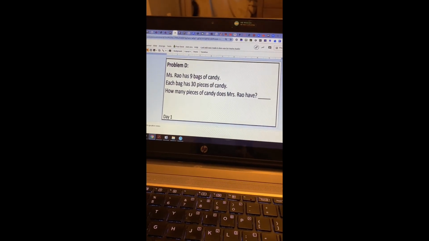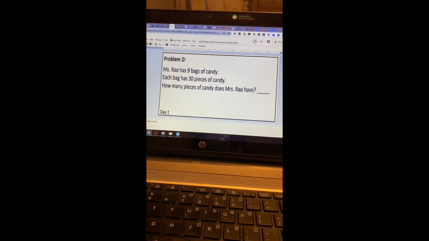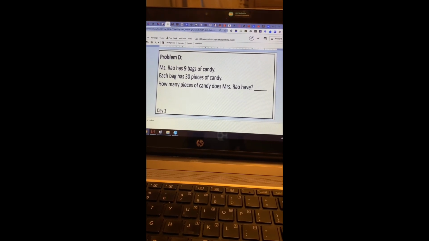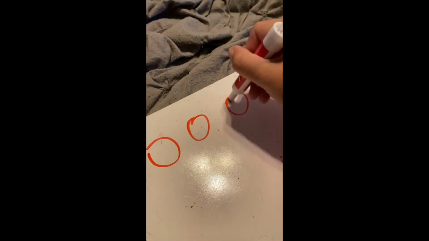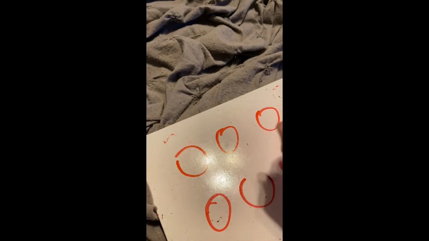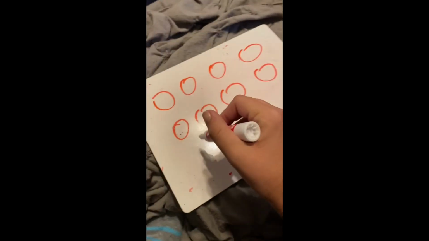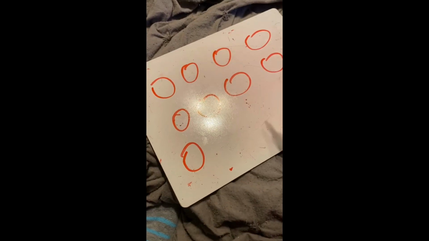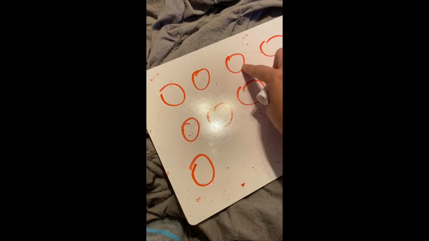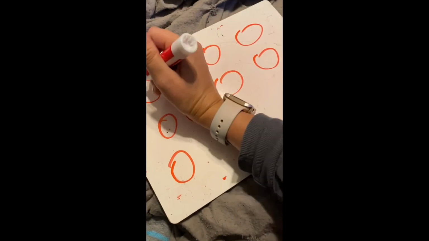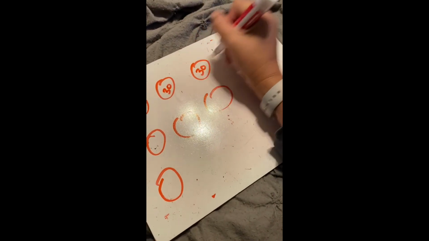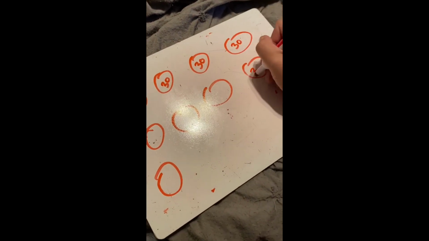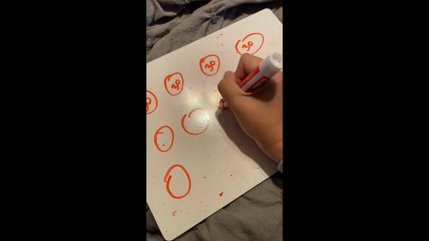Miss Rayo has 9 bags of candy. Each bag has 30 pieces of candy. How many pieces of candy does Miss Rayo have? She has 9 bags of candy. Each of these bags has 30 pieces of candy.